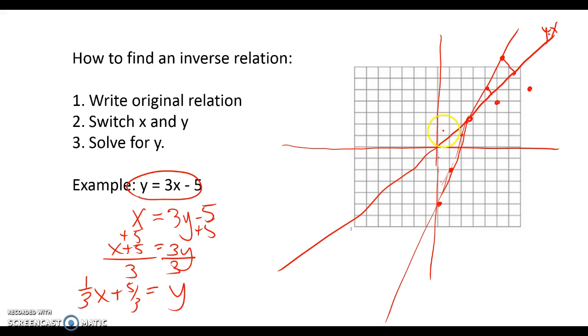So my other line should come just like this. And if you look at my graph, we have a y-intercept of 5/3, and then we go up 1/3. So it's reflected across this line right here.